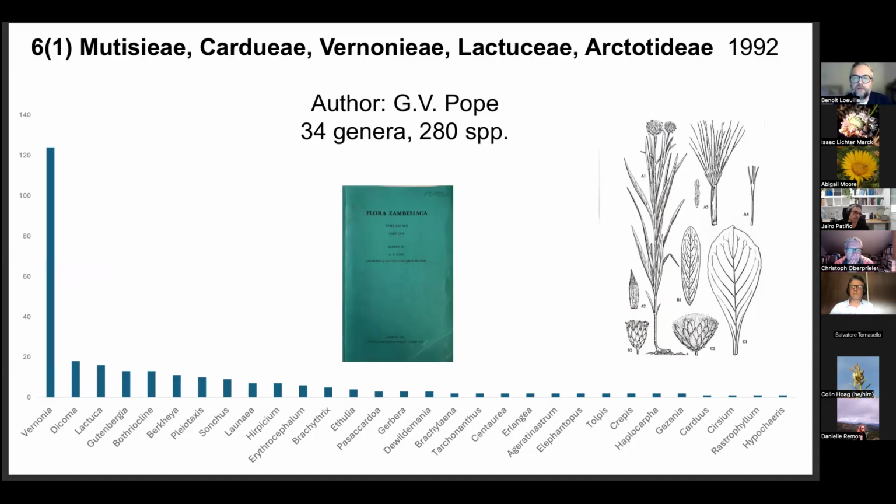It is the work of Gerald Pope, who was also the editor. In this first volume, you have the Mutisieae, Cardueae, Vernonieae, Lactuceae, and Arctotideae. And as you can see, half of the volume is Vernonia sensu lato, which is very rich in this area. And the other genera have less than 20 species.